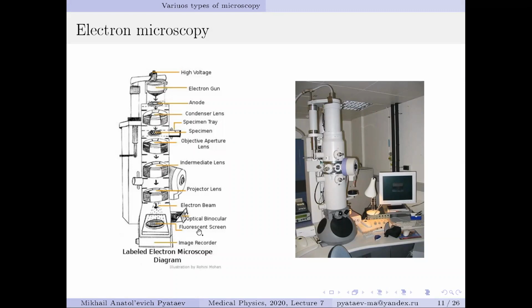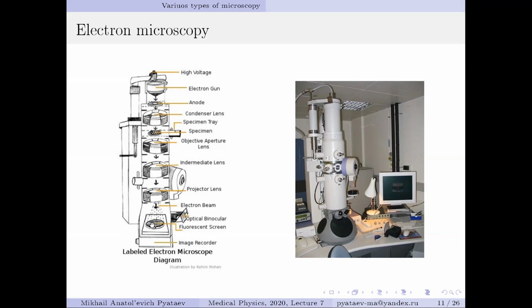If it is a fluorescence screen, we just obtain optical image, because the points under the action of electron beam become light points. But another way to obtain image is to use some electronic scheme which measures current.